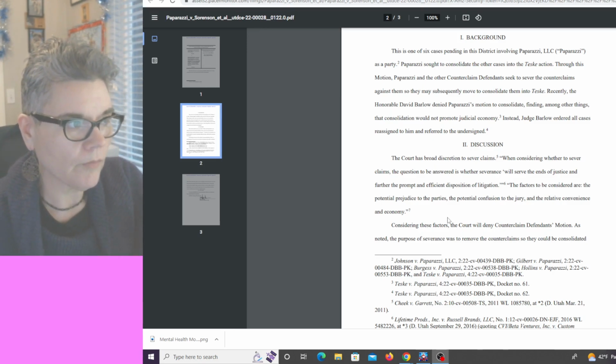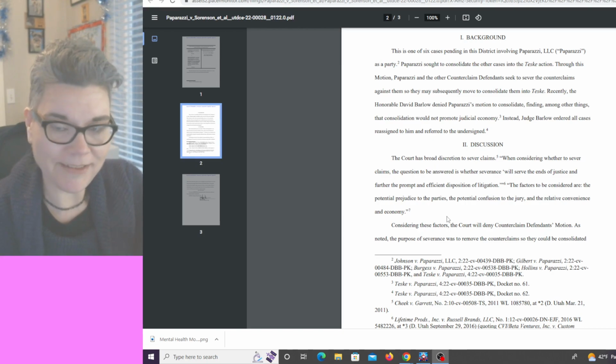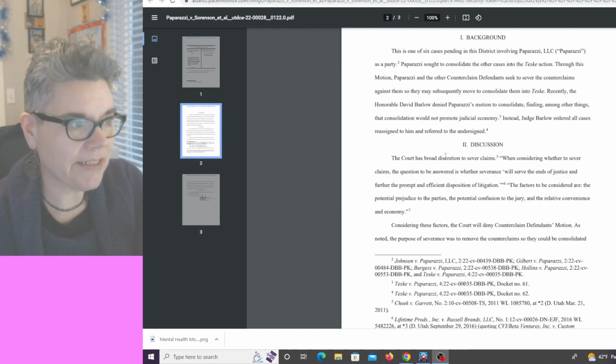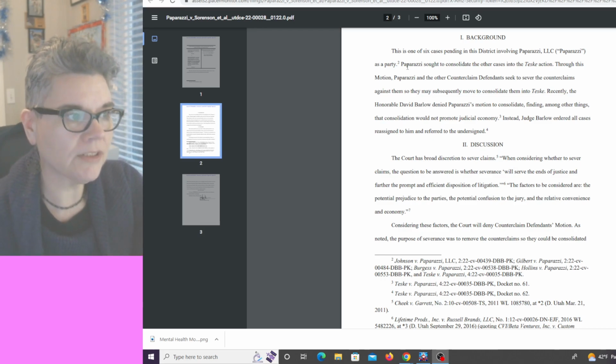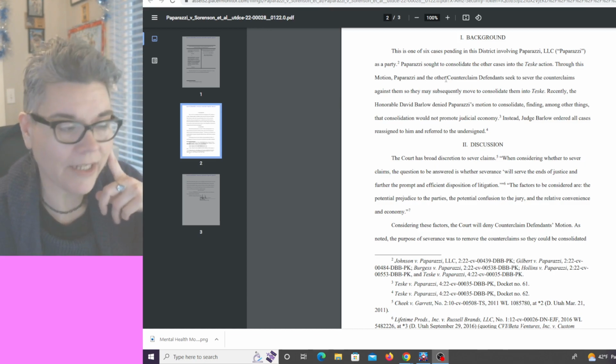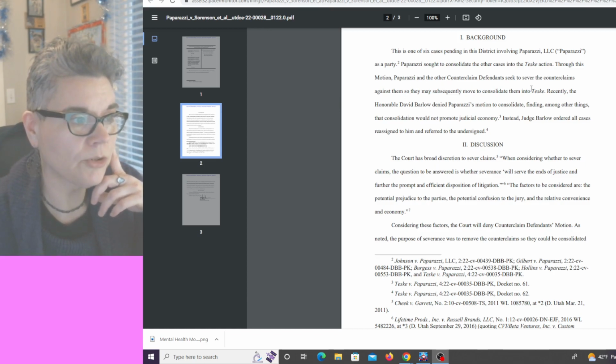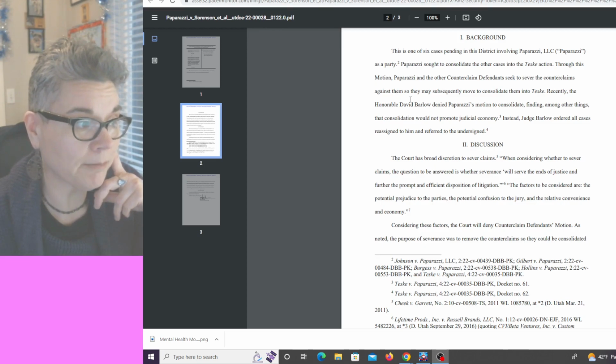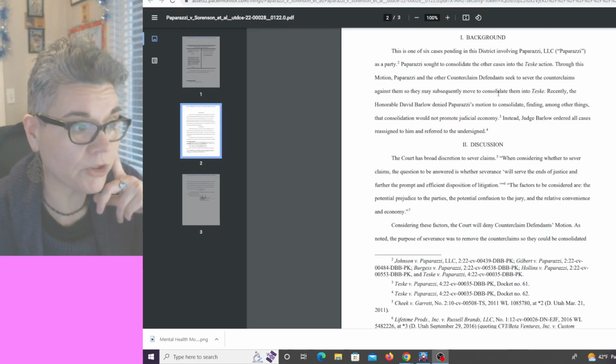So this is one of 6 cases pending in this district involving Paparazzi LLC as a party. Paparazzi sought to consolidate the other cases into the Teskey action. Through this motion, Paparazzi and the other counterclaim defendants seek to sever the counterclaims against them so they may subsequently move to consolidate them into Teskey.